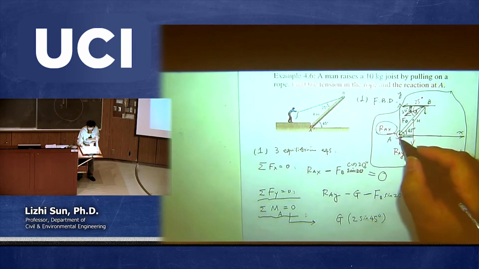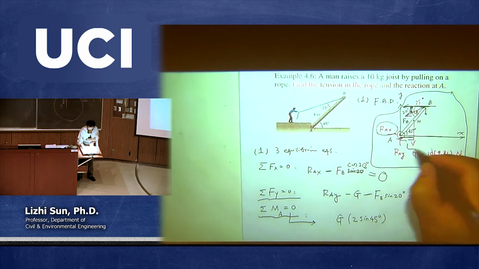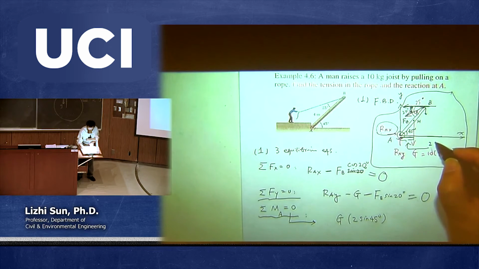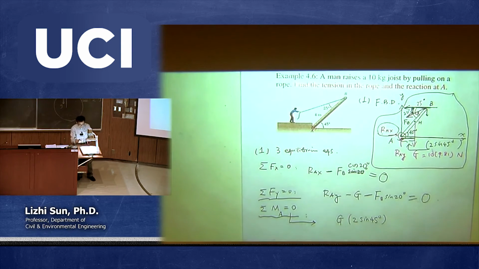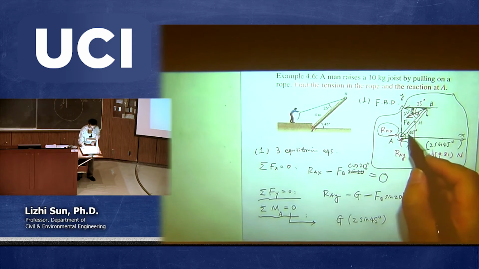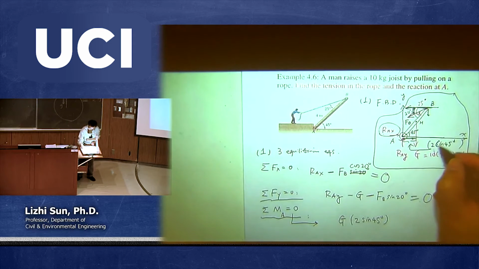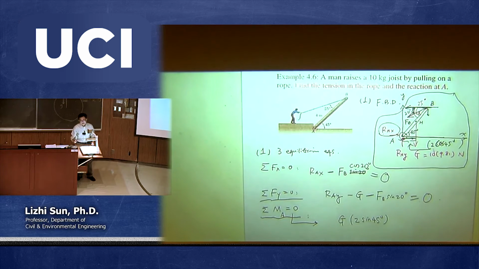That's the shorter distance, this one. 2 times sine 45 degrees. Same thing, in fact. Yes, cosine should be more appropriate, but sine and cosine are the same at 45 degrees. Okay, so let's put cosine.